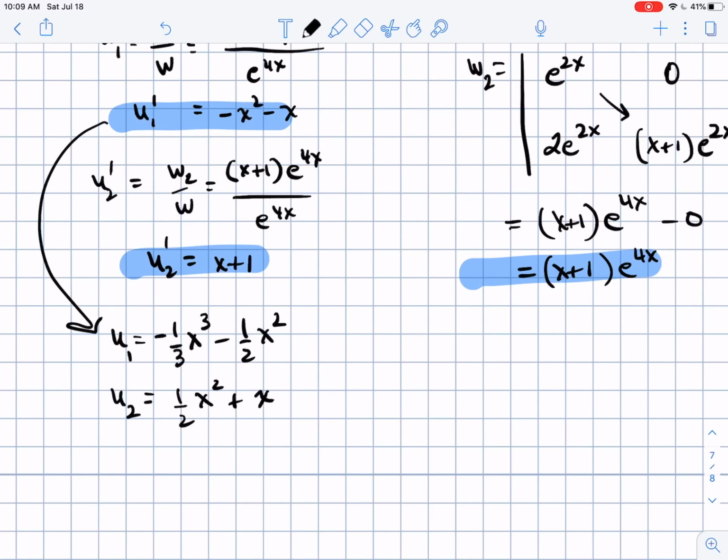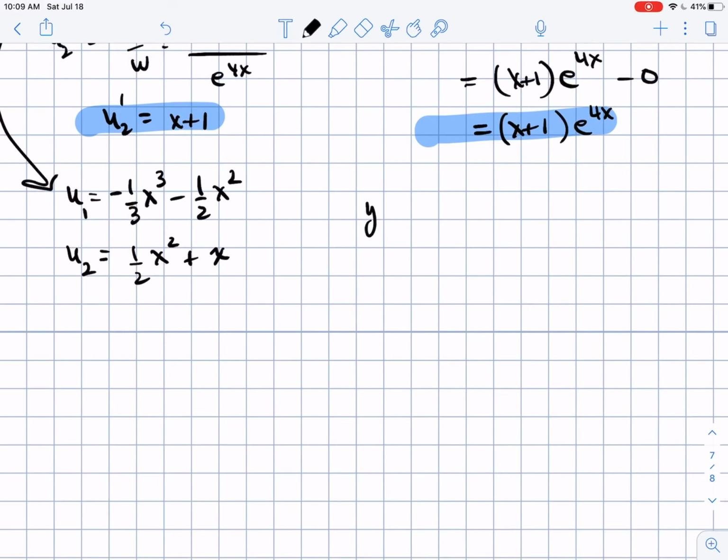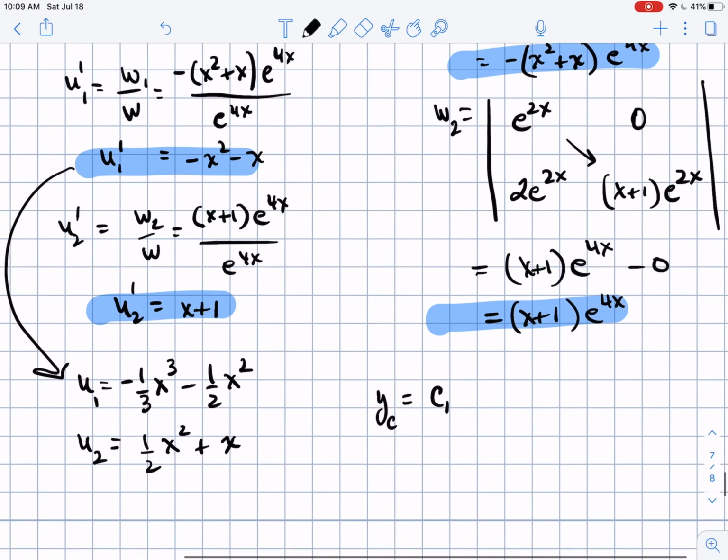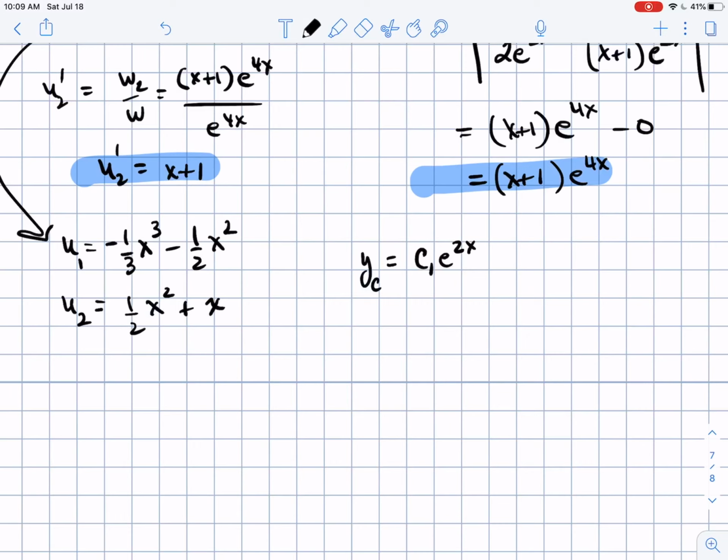Now let's put this all together, right? So we already knew y sub c, the first thing we found, which was c1 e to the 2x plus c2 x e to the 2x, right?